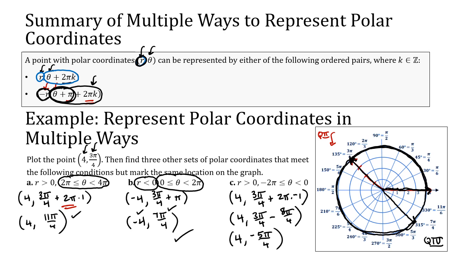Does that sound right? Let's see if it is right. So if I start on that polar axis and I go to -5 pi over 4, that means I'm going to travel clockwise.